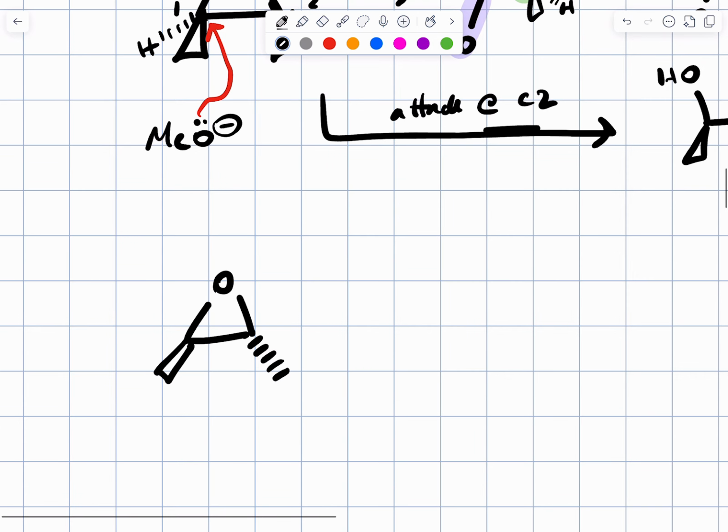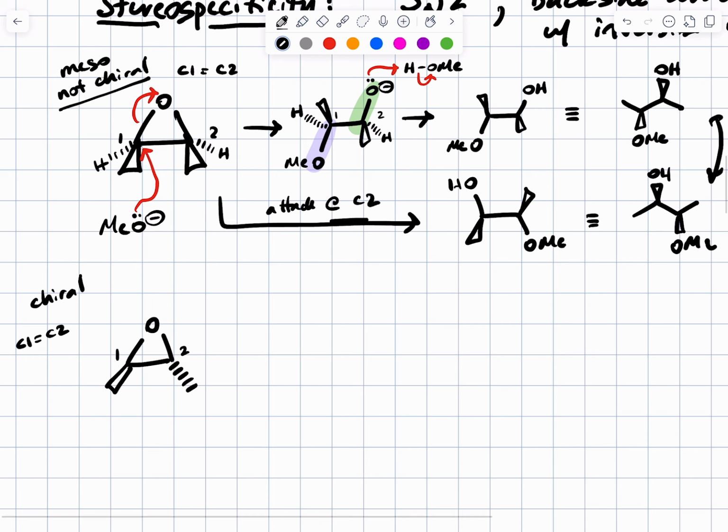Let's now have our starting material be this chiral epoxide. Carbons 1 and 2 are still equal to each other, but this is just a single pure enantiomer. So let's show what would happen if we used the same MeO minus to open this epoxide.